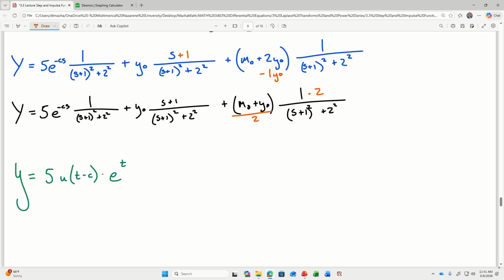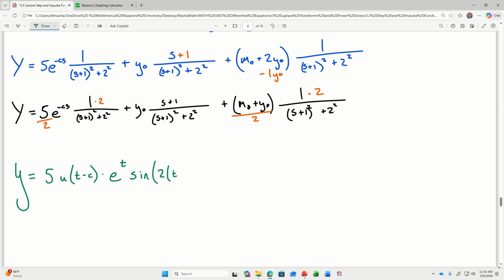What do I need to do here? Multiply by 2, divide by 2. Yeah. And this is sine or cosine? I think it's sine when there's a constant on top. So this is e to the t sine of 2t.